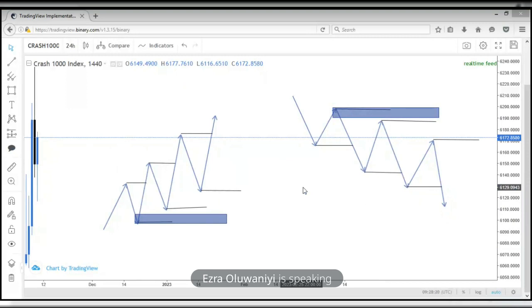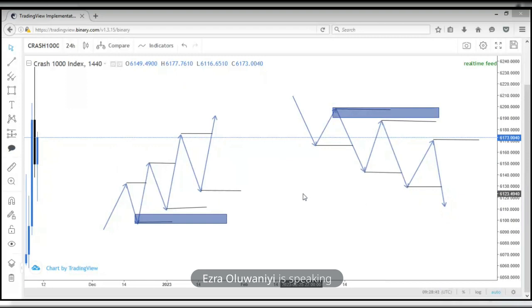We classify order blocks into two: a bullish order block and a bearish order block. The others are demand, which is for a bullish move, and supply, which is for a bearish move. Very simple. Some persons might have differences, but for me, I don't see any difference there.